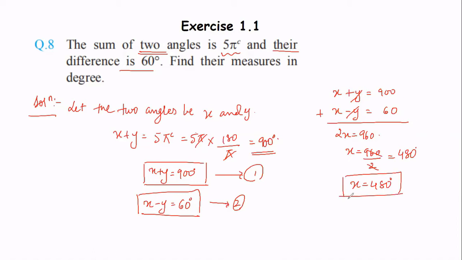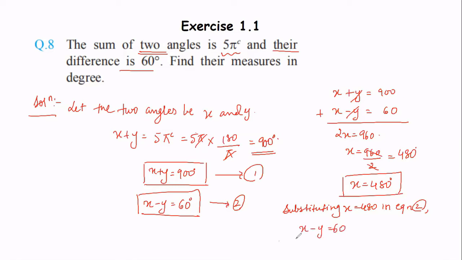Now substituting 480 degrees in place of x in equation 2. I'll take equation 2 as it is simpler to calculate. Substituting x equal to 480 in equation 2, x minus y is equal to 60.